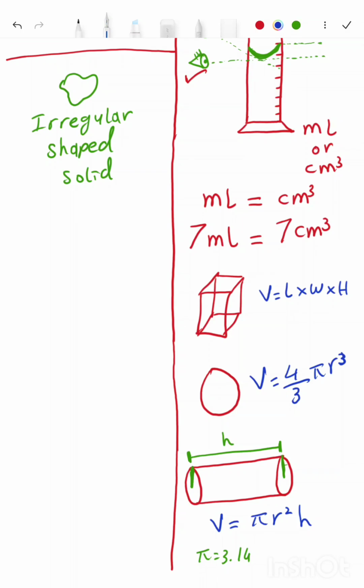But the problem arises when we have an irregular shape object, because for it we don't have a set formula to calculate the volume. In that case we will use the measuring cylinder. How? Let us suppose we have a measuring cylinder here like this, and we have this irregular shape object as well.